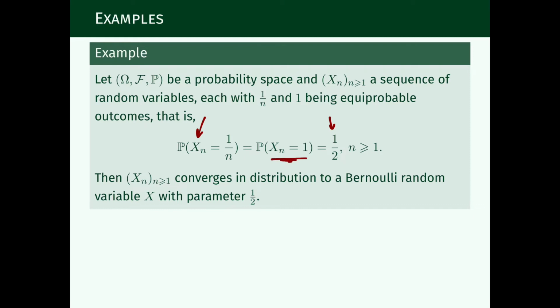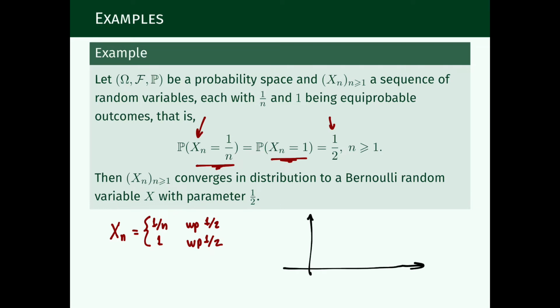If it comes up tails, which also has probability 1/2, we declare Xn to be equal to 1 over n. So informally, Xn equals 1 over n with probability 1/2, or 1 with probability 1/2, which means the cumulative distribution function of Xn is this function here.